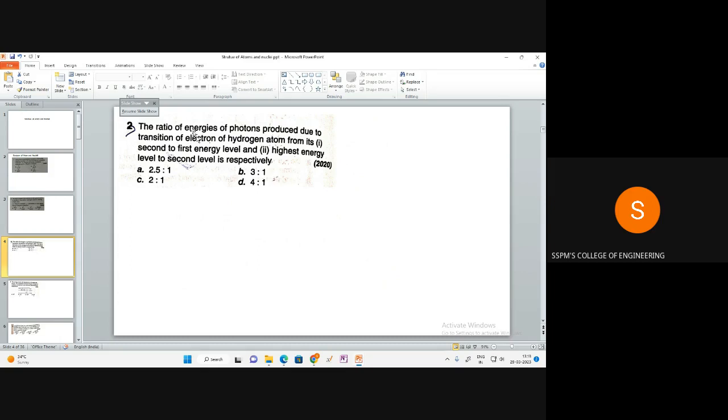When an electron jumps from higher energy orbit to lower energy orbit, then it emits photons. The ratio of energies of photons produced due to transition from n equals 2 to n equals 1, and highest energy level to second level is given by what? Okay, that's the question. Whether it is 3 is to 1, 2 is to 1, or 4 is to 1, or 2.5 is to 1.